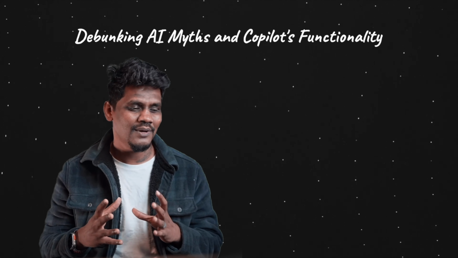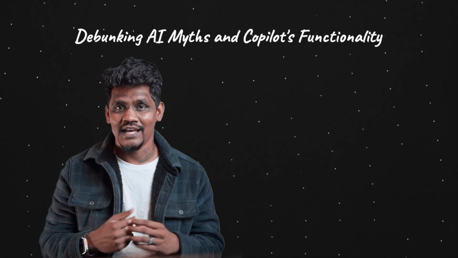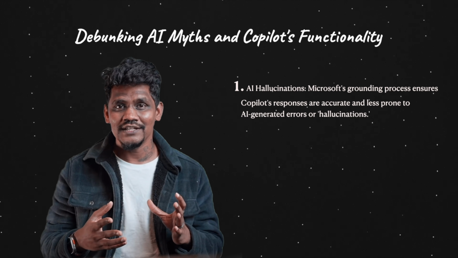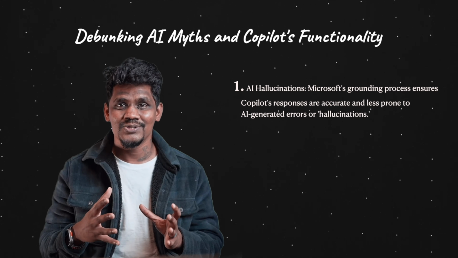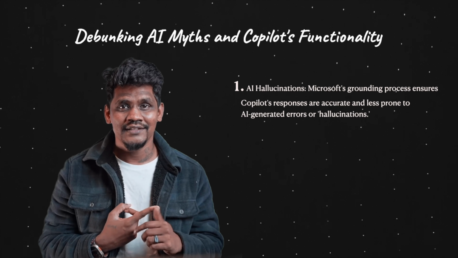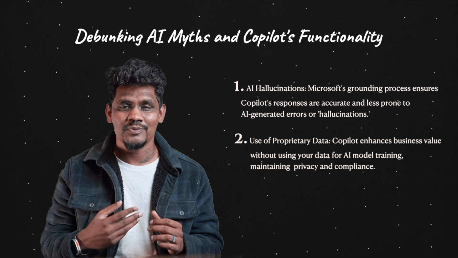So here are a few things that we can talk about, debunking some AI myths and Copilot's functionality. Like we spoke earlier, AI hallucinations, the first one. As we understood, the grounding process ensures Copilot's responses are accurate and less prone to AI-generated errors or hallucinations. The second one is user proprietary data.